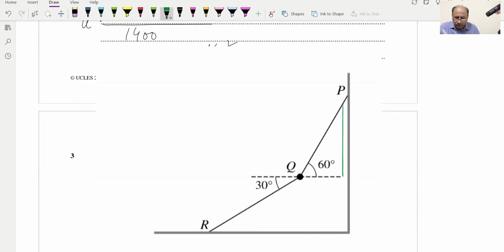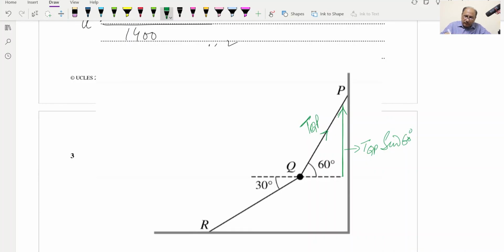Y component of what? This will be the tension, and this tension we can term as TQP, and this will be upward tension, and this y component will be TQP sine of 60 degrees.